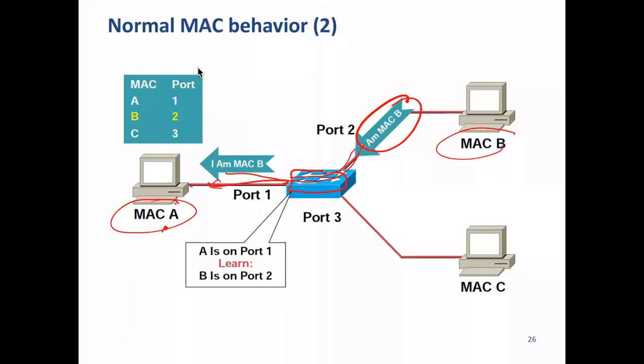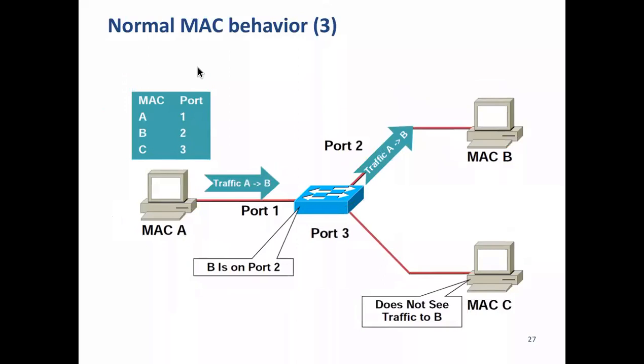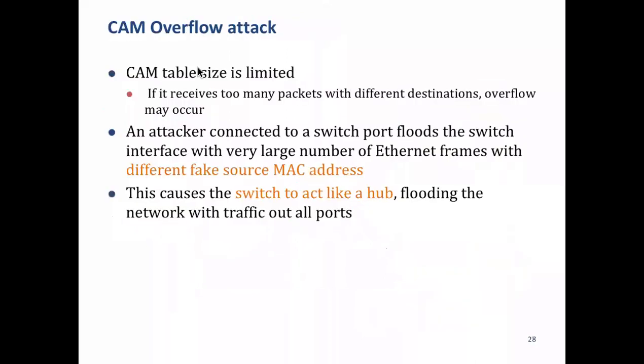Now this learning has happened. This is a normal operation that we have studied. Now if A wants to communicate with B, it will just form a packet, and this switch has already learned where B is, so it will communicate there. So this is normal.